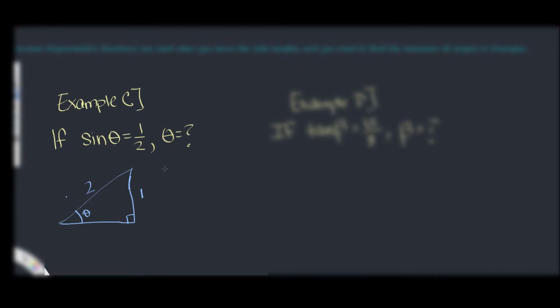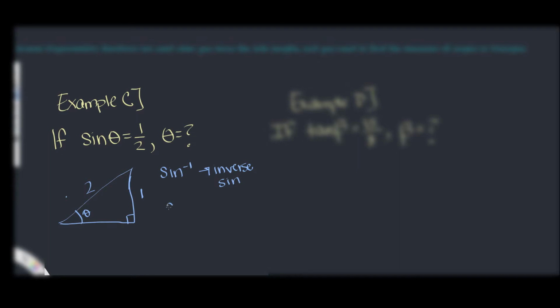You'll see this little button here: sine to the -1 power. Sine to the -1 power means inverse sine, or inverse cosine if you do cosine to the -1 power, inverse tangent if you do tangent to the -1 power.